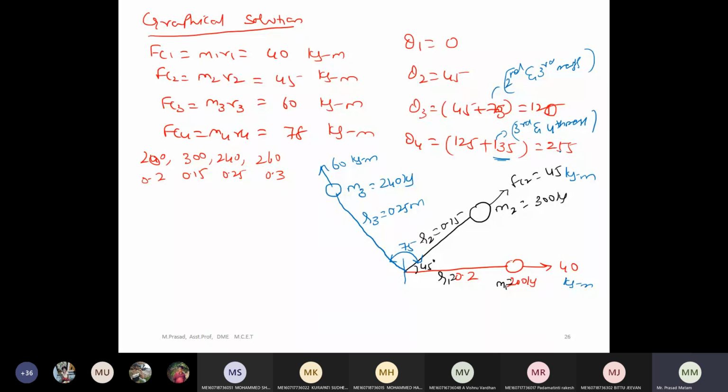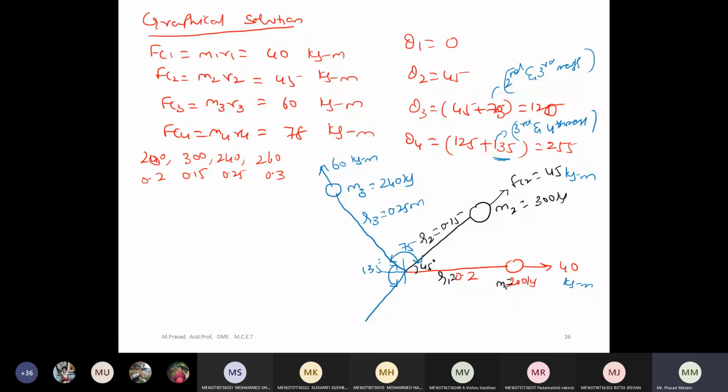If I see the total angle is 255: first quadrant 90, second quadrant 90, 180 degrees, third quadrant 90, 270. This line gives the 270 degrees line. From here you draw a line, going 15 degrees inside. You got it? Now this angle is 135 degrees.